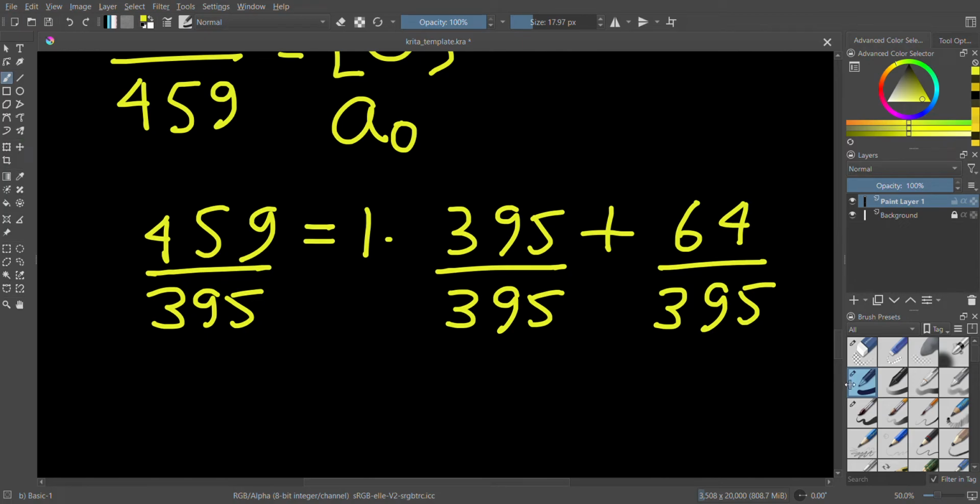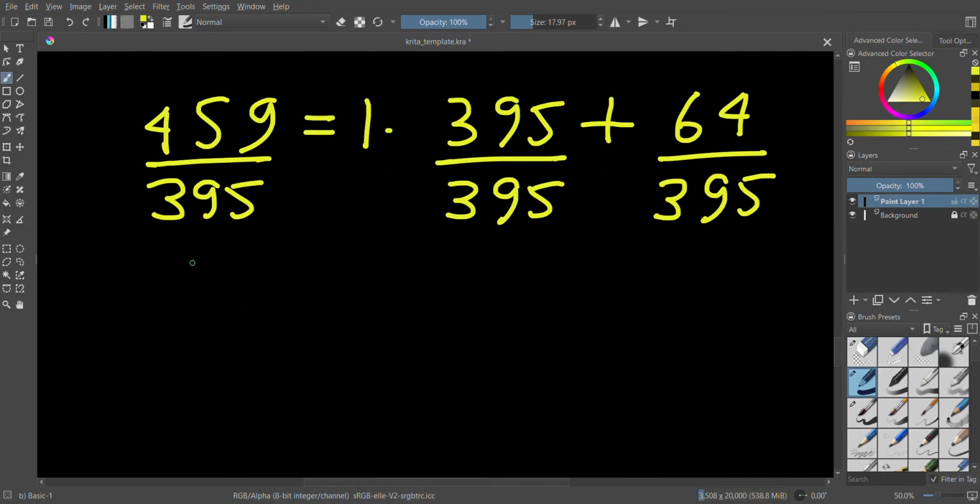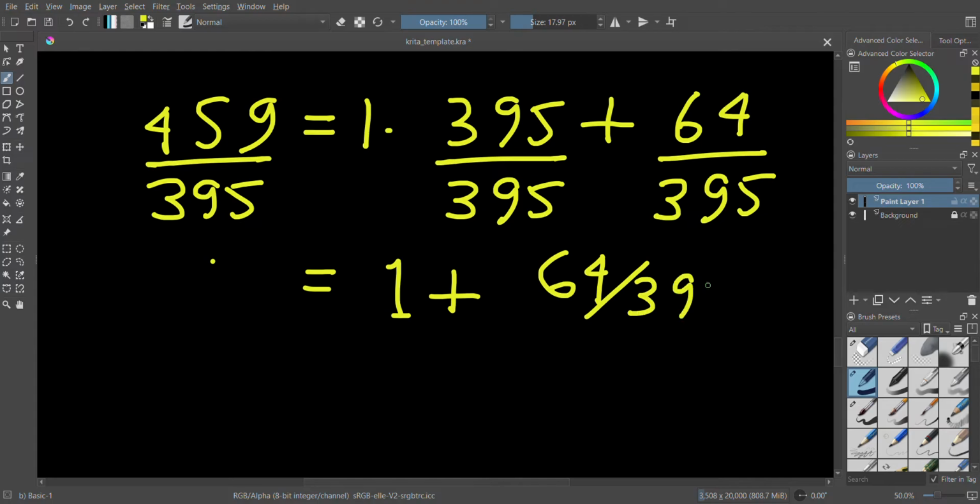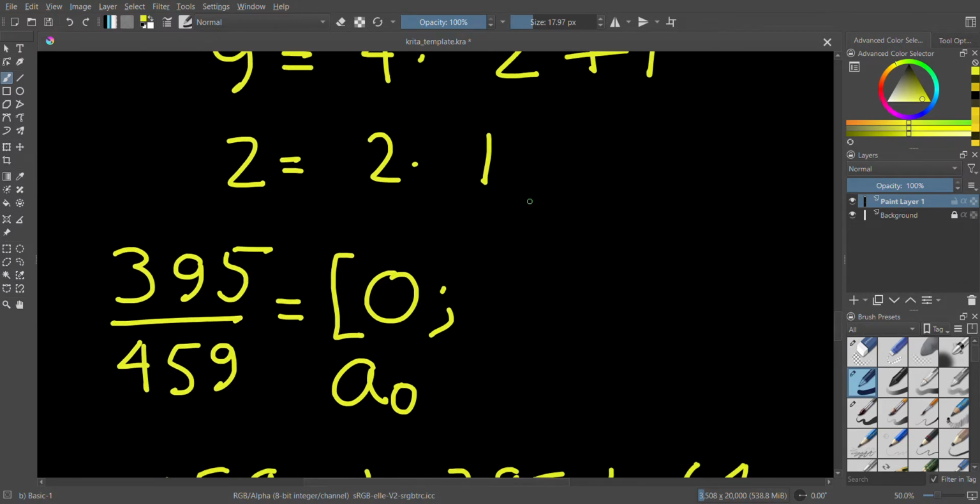Okay, and from that we get that it equals 1 plus 64 over 395. And this is our A1 right here. So we put it in here. Okay, let's keep going.